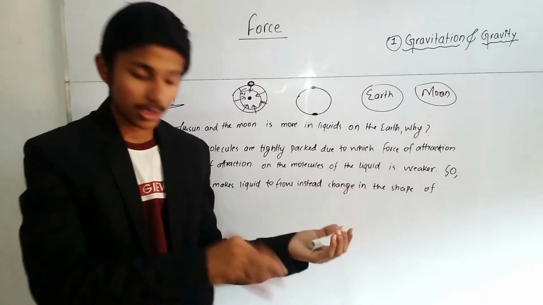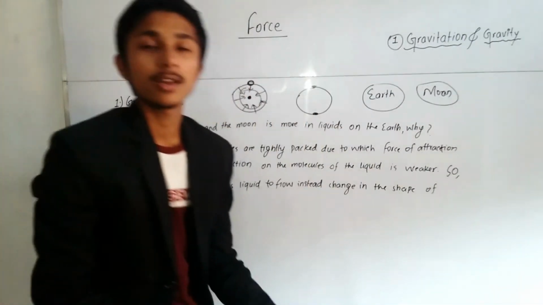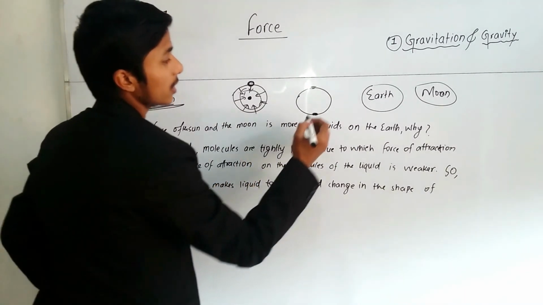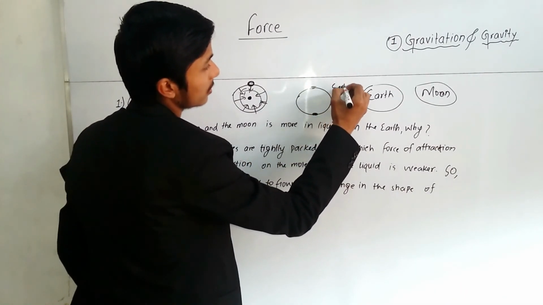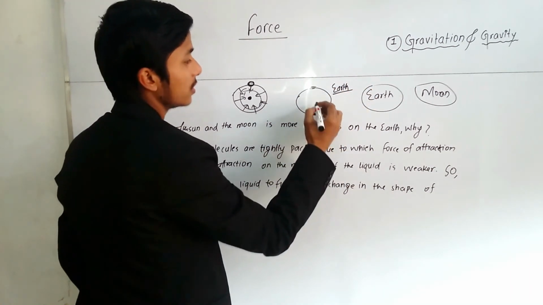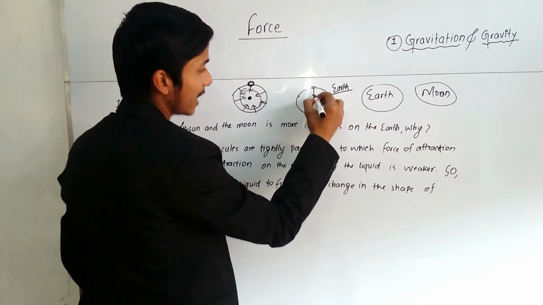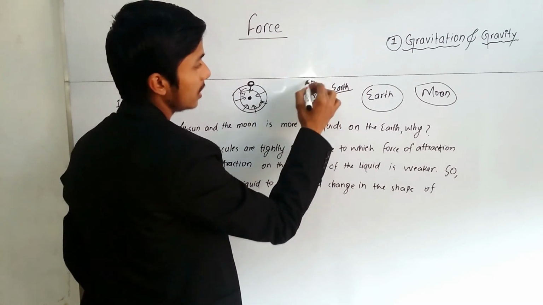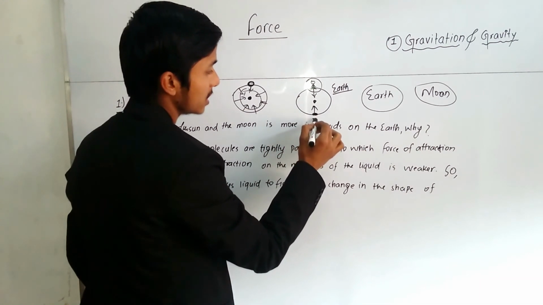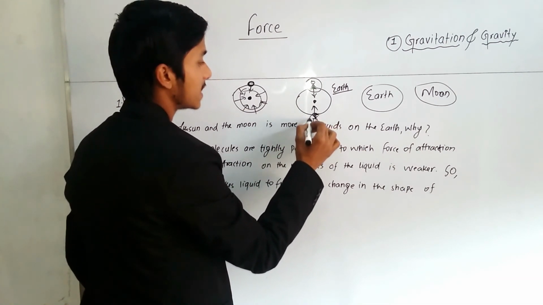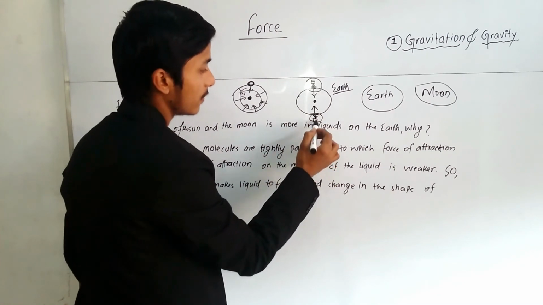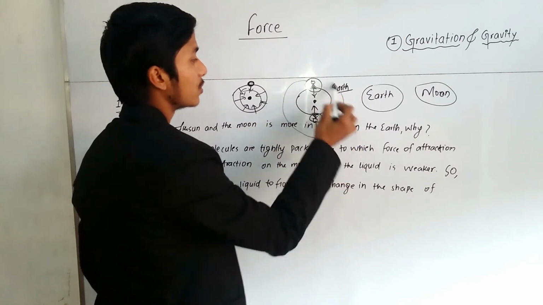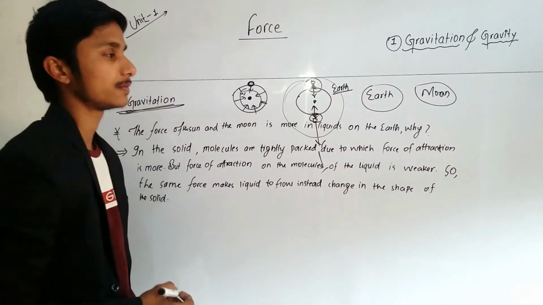See, then it falls downward. This is due to the effect of gravity. But here, since this is earth, the gravity is acting towards the center. So the person standing here will stand upright, and the person standing here will also stand upright. This person does not fall in this direction. Okay, this is possible due to the effect of gravity.